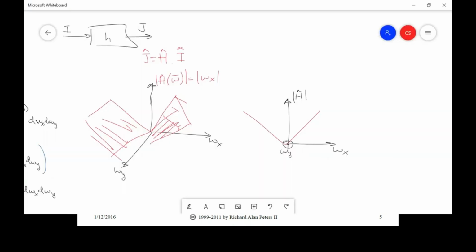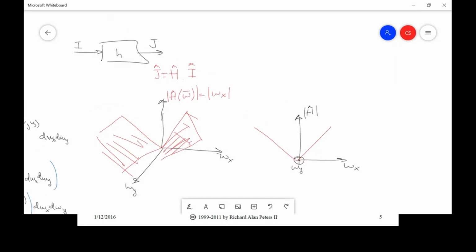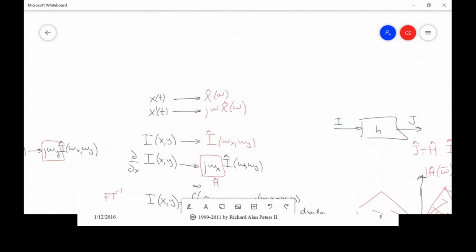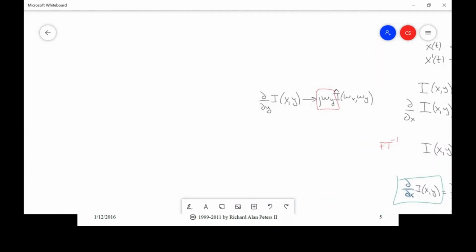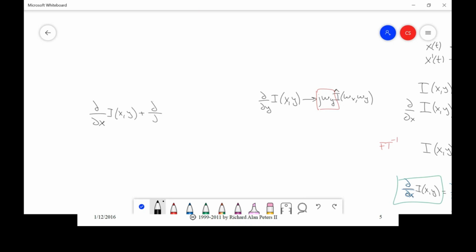Okay, so now we associate derivatives to edges. These are edges in this direction, these are edges in this direction. Can I have a detector of edges in both directions? You can. All you have to do is compute, so I can add the edges vertical and edges horizontal.